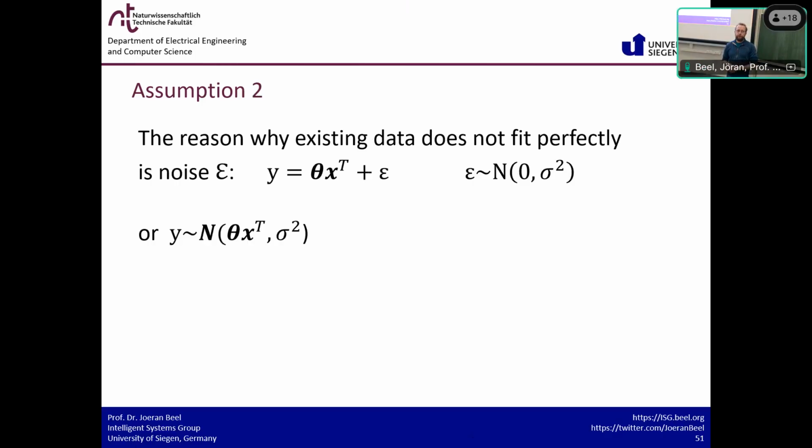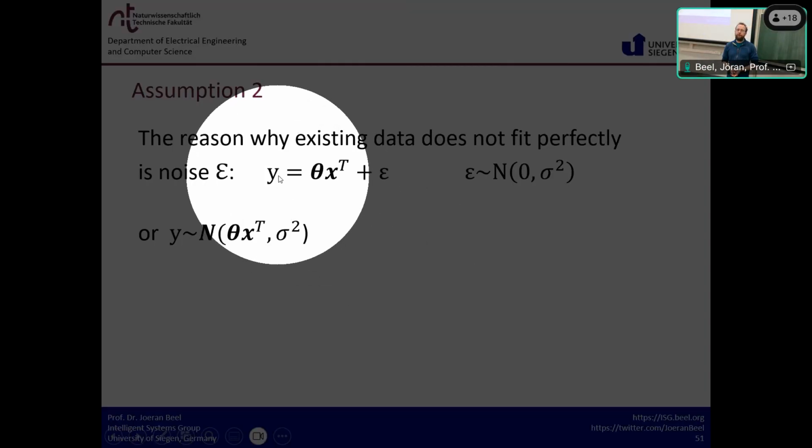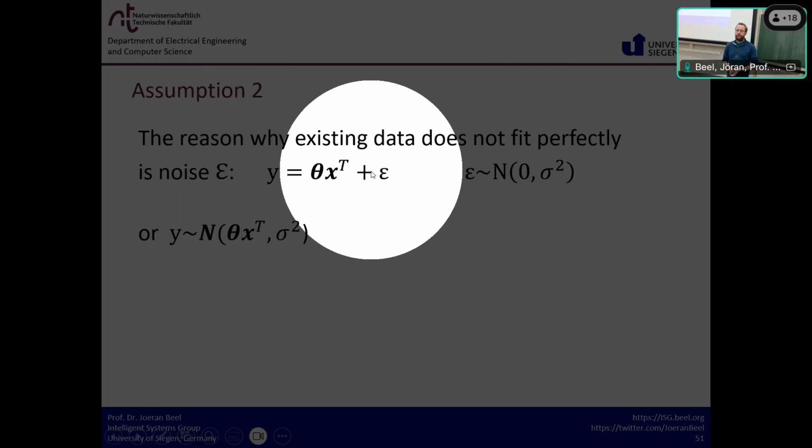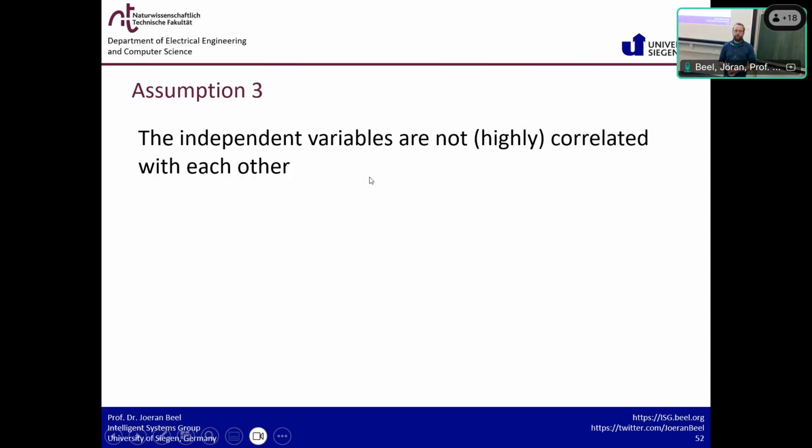So you could argue that the true model would be your linear model that we just had, plus some noise, and the noise is normally distributed. But that's not so important for this lecture.